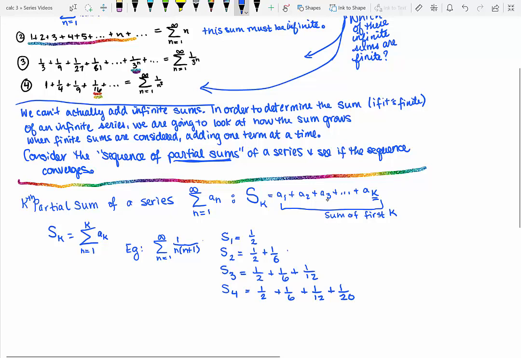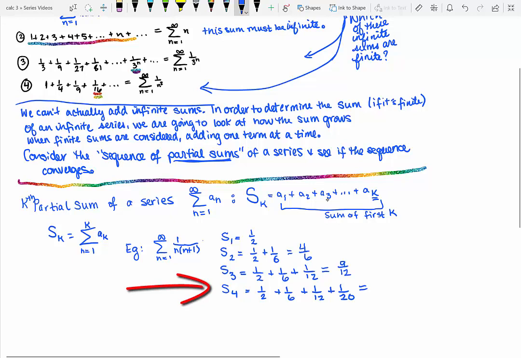So 1/2 plus 1/6 is 4/6. I'm purposely not going to reduce yet. For 1/2 plus 1/6 plus 1/12, I can have everything be over 12. So 1/2 is 6/12, 1/6 is 2/12, so that's 6/12 plus 2/12 plus one more 12, 9/12.